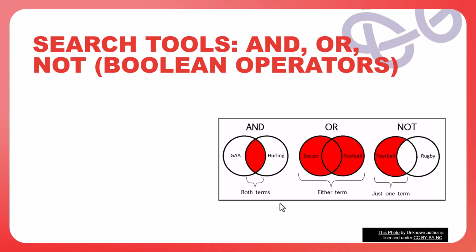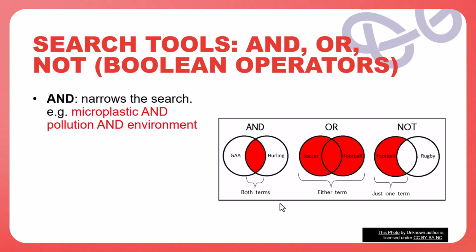The next step is to consider the use of search tools. We're first going to look at Boolean operators. They are the words and, or, and not. And we'll look at some examples and then talk through the diagram on the screen. So if we are using the word and, that will narrow our search. If we just search for one of our key concepts, we're going to get many results.